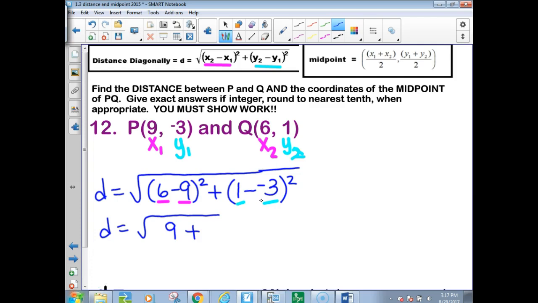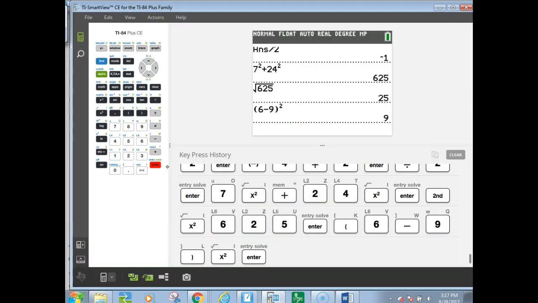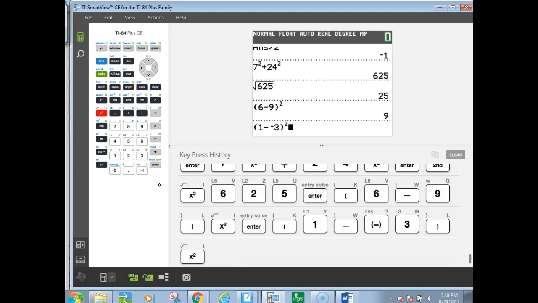Now I'm going to do this part. I'm going to put in a parenthesis. I'm going to do 1 minus, now that's subtract, you got to use this button here. And then I have a negative 3. I'm going to close the parenthesis, and then I'm going to hit the x squared button. And then I'm going to hit enter.